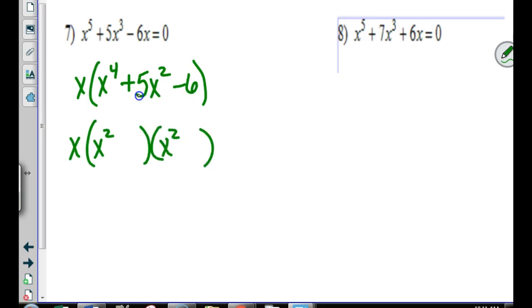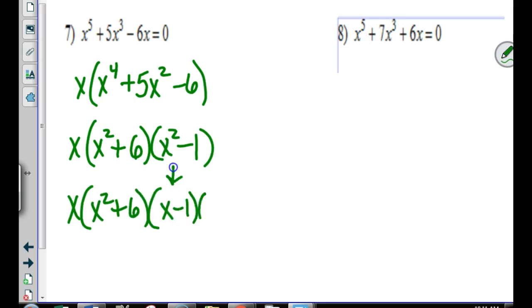Factors of 6 that make 5. But it's got to be two different signs, right? I think it's going to be plus 6 and minus 1. So are we done? Yeah, this is the difference of two squares. So that one goes x minus 1 and x plus 1.